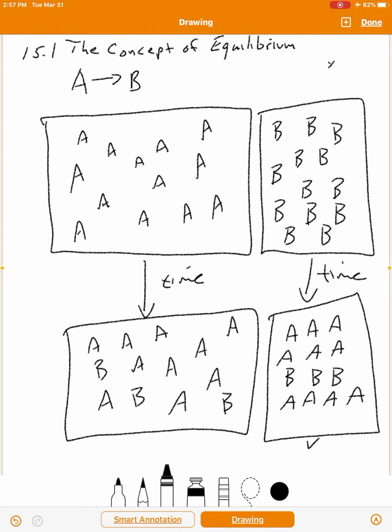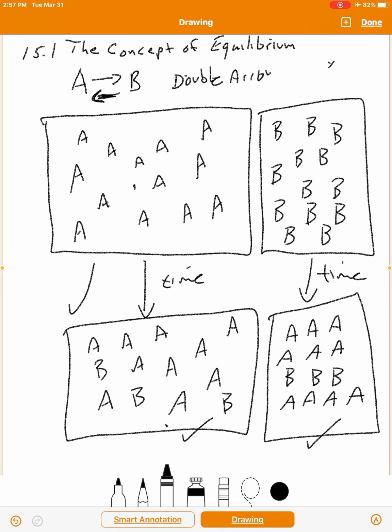In other words, you have the same situation here that you have there. If you start with A, eventually you end up with some amount of A and B. If you start with B, you end up with the same amount of A and B as you did in the first case over here. So that tells us that this process is reversible, that there's some sort of equilibrium process going, meaning it doesn't matter what we start off with, we end up with the same situation. So we're going to use what's called a double arrow. That's referred to as the double arrow.